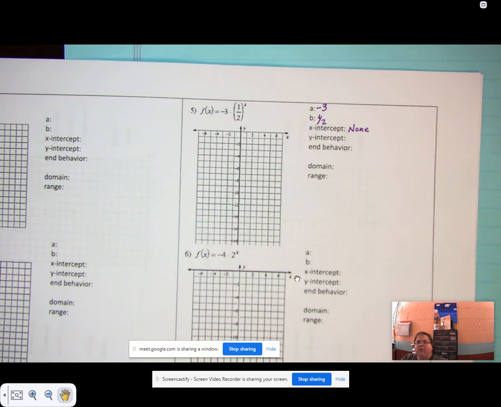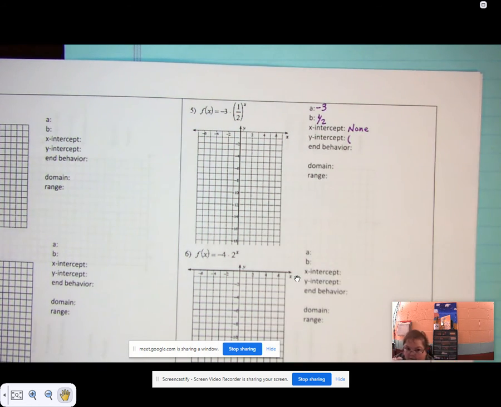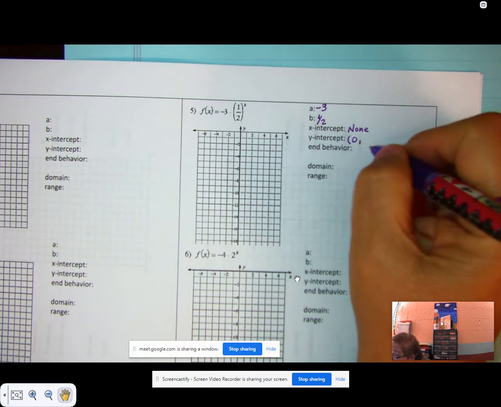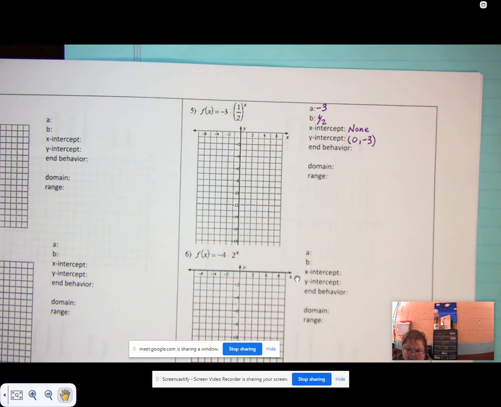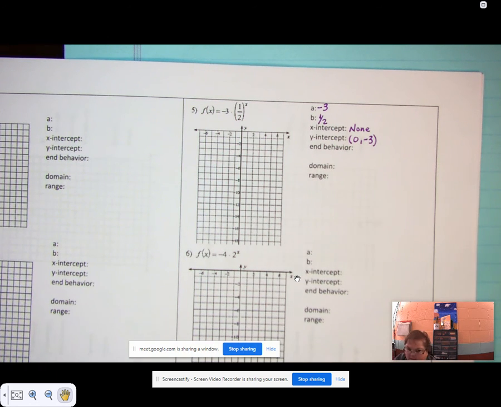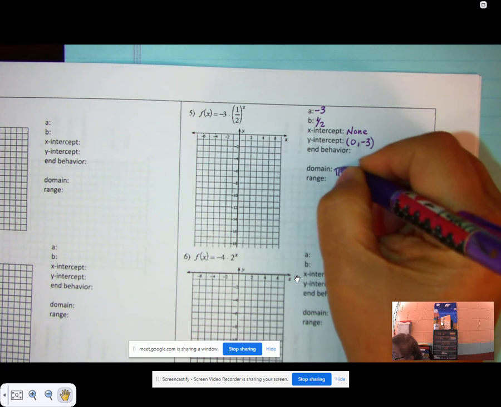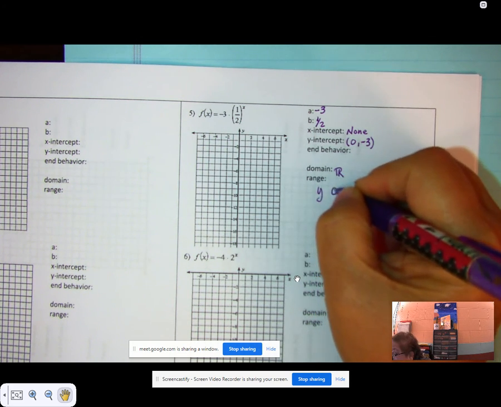So every point on that exponential function has an x value. Okay? Now, my y-intercept, I now can do just from my function. 0, comma, a. Okay? Ending behavior, we're going to leave that till we graph it. Okay? My domain, all real numbers. My range is compared to 0.